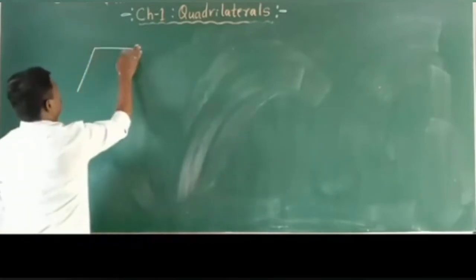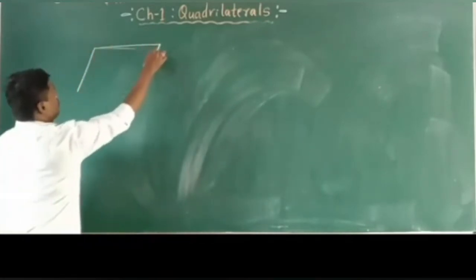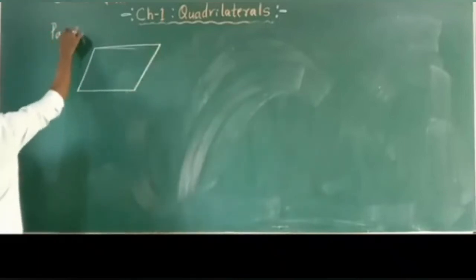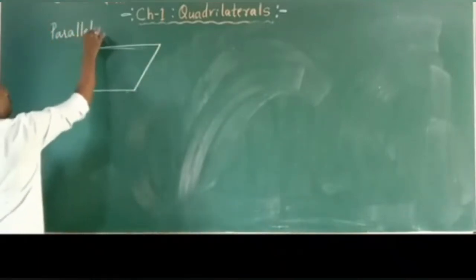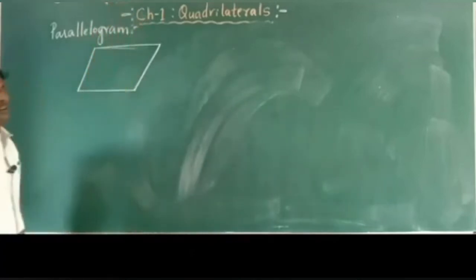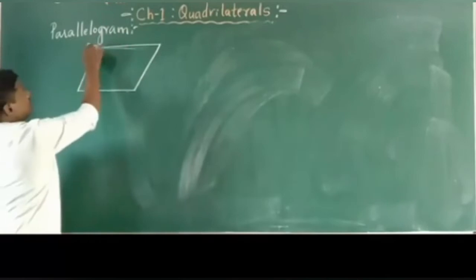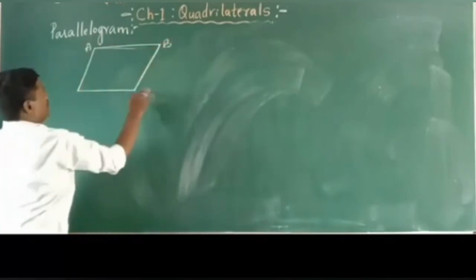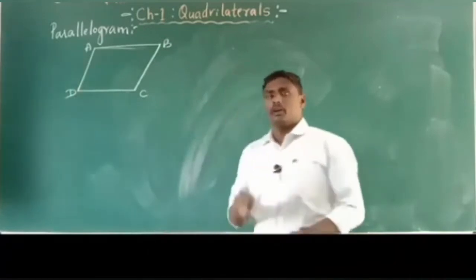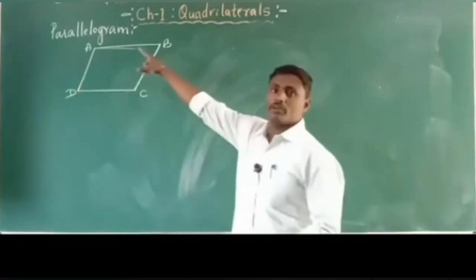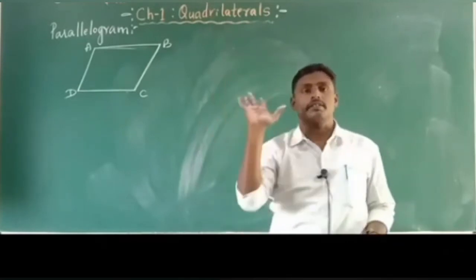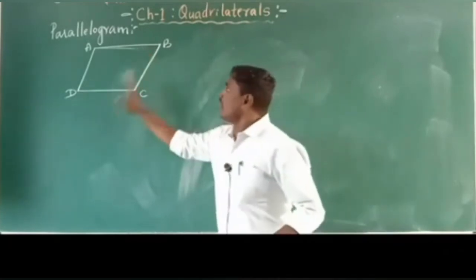The first concept is parallelogram. ABCD is a parallelogram. So how can you define the parallelogram? Parallelogram is a quadrilateral in which opposite sides are equal and parallel.